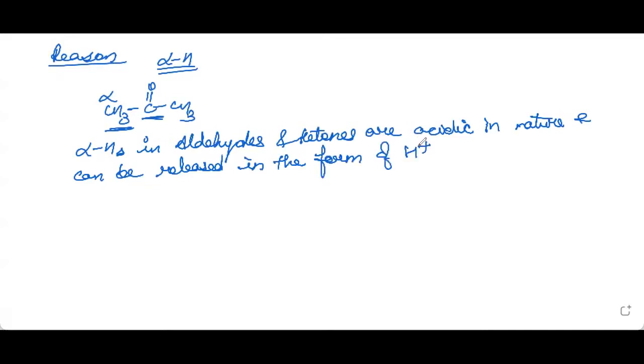Now, why are they acidic? Let us learn why. Suppose this H positive is leaving. Now, the carbon from which H positive is leaving is going to get a negative charge.